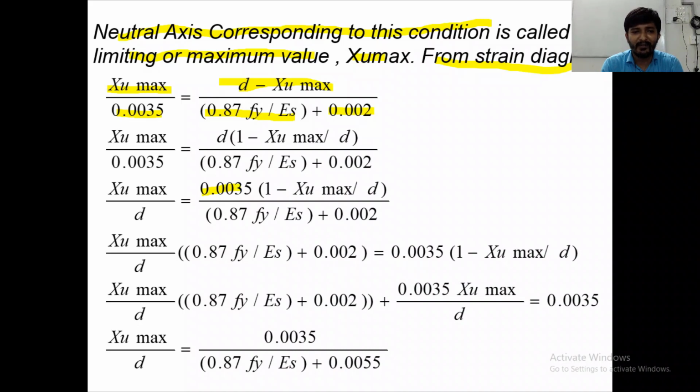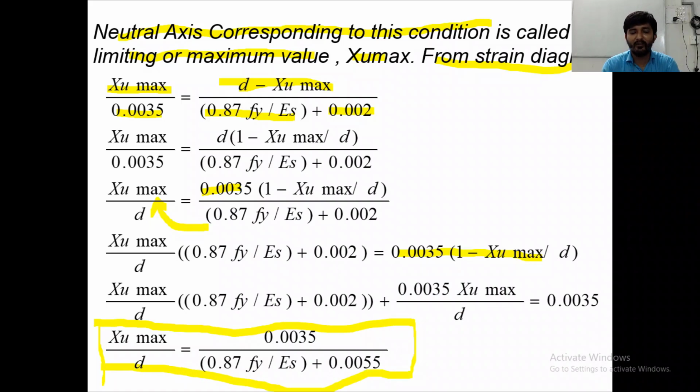So XU max by D, you multiply this over here, right? XU max by D multiplied by 0.87 Fy divided by Es plus 0.002, it will become this equation. If you further simplify this, you will get your XU max divided by D value, which is 0.0035 divided by 0.87 Fy divided by Es plus 0.002.